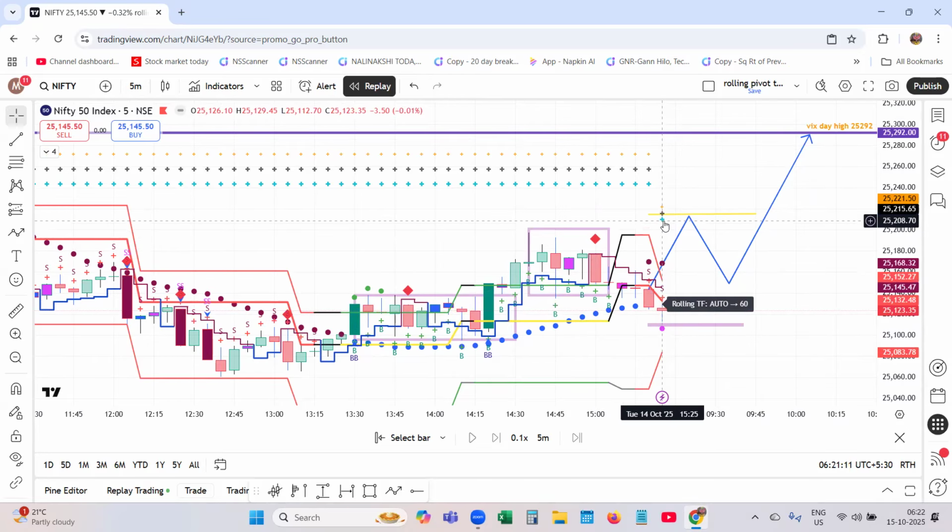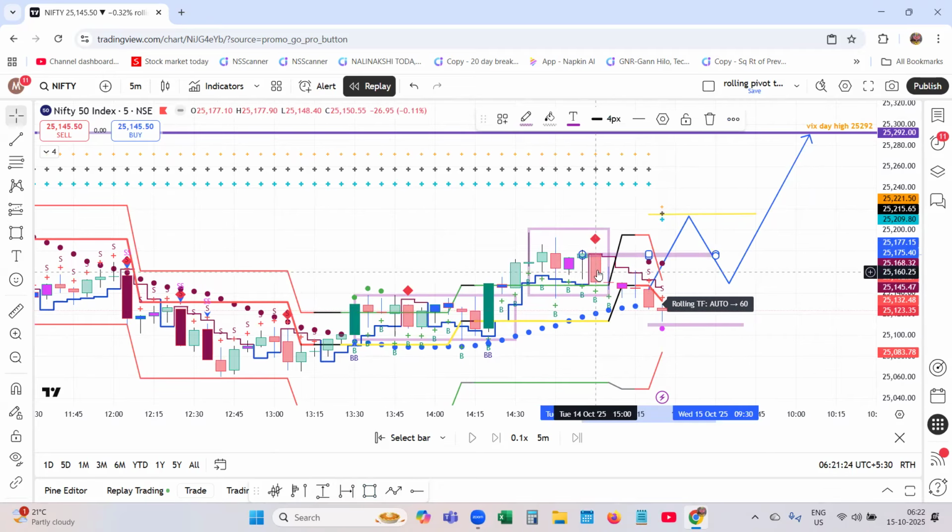And if the market gaps up to this level, these short-term sellers from this area are forced to cover their positions. This is the liquidity sweep which happens over here.